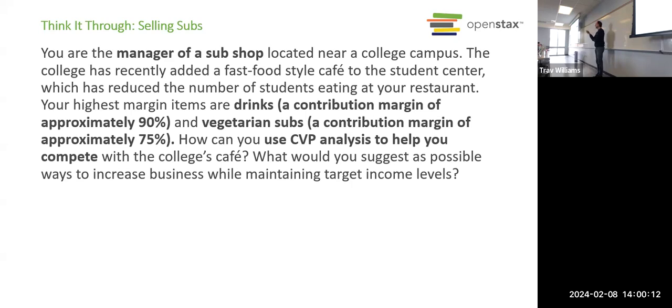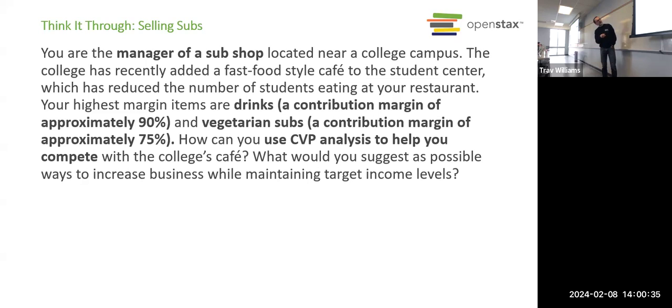About 90 cents is contributing towards covering your fixed costs and your profits. It's pretty good, right? It's probably pretty realistic because I think drinks are the most profitable products in a fast food sort of place.